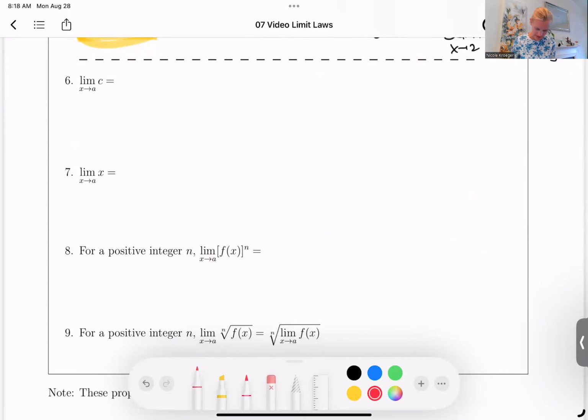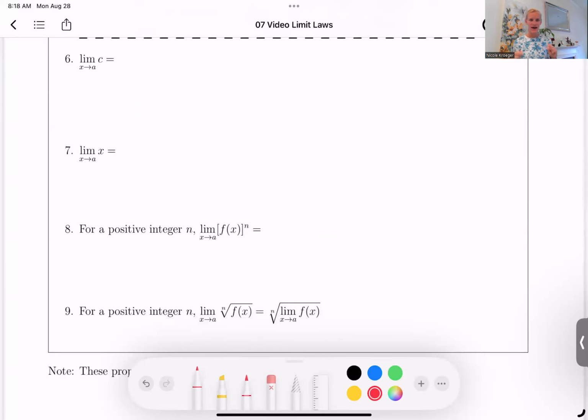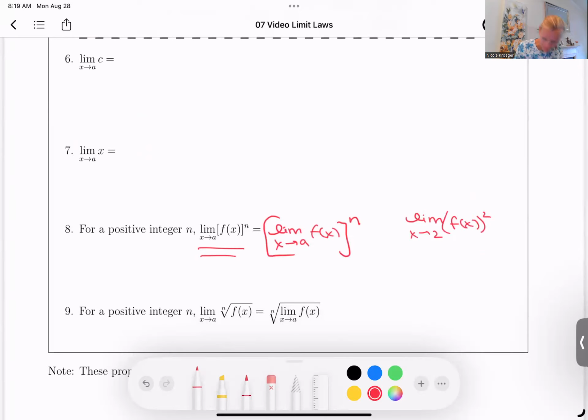Let me skip down to these last two, and then I'll come back to those first two. So if I have a function raised to a power, then I can rewrite this as the limit as x approaches a, that limit raised to the power. So if I use that same example I had before, the limit as x approaches 2 of f of x, if I square that function f of x, then this property tells me I can pull that square out.